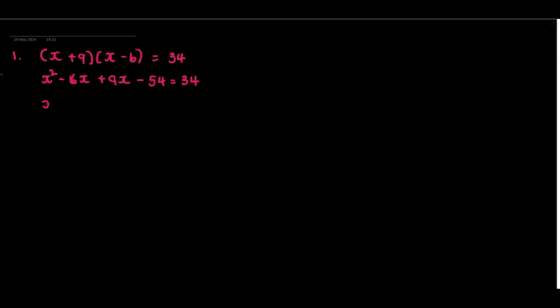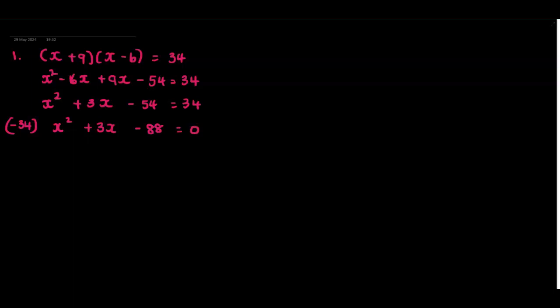So that will give us x squared plus 3x minus 54 is equal to 34. And let's bring everything across from the right hand side to the left hand side. So we're going to subtract 34 from both sides. And we're going to get x squared plus 3x minus 88 is equal to 0.